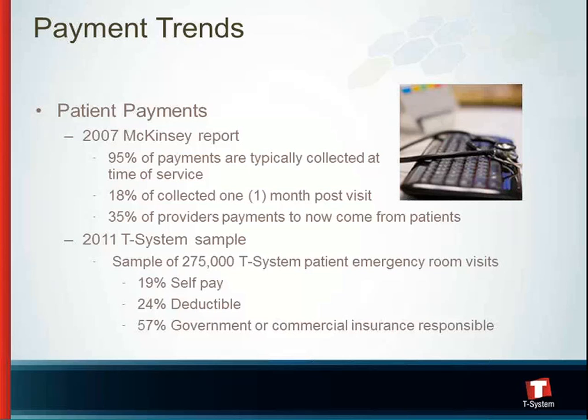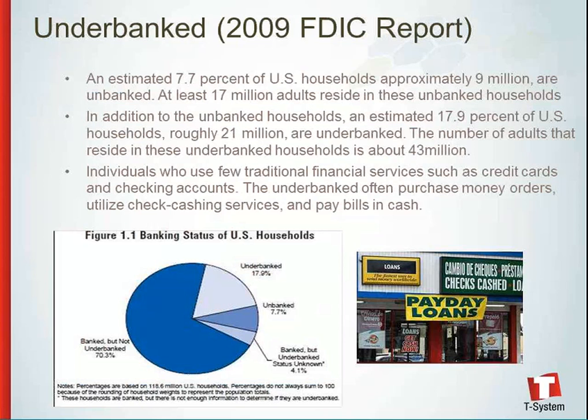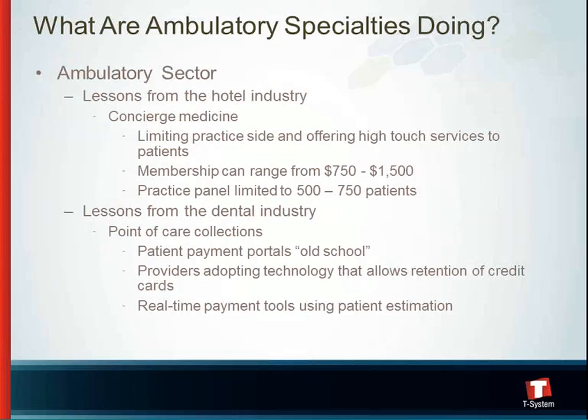We continue to see a rise in the ambulatory sector of folks limiting their practice and offering high-touch services to patients. Membership can typically range in those settings from $750 to $1,500 a patient on an annual fee, and then the practice is additionally billing the insurance companies for their ongoing visits.